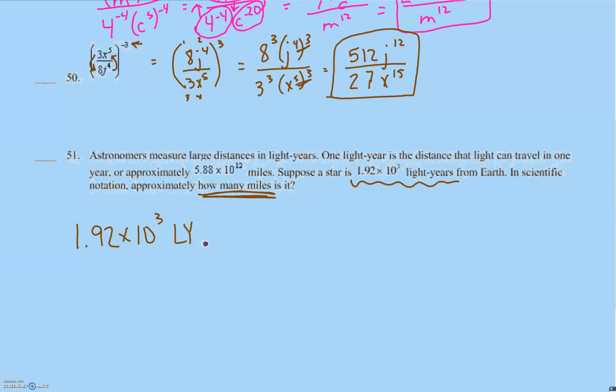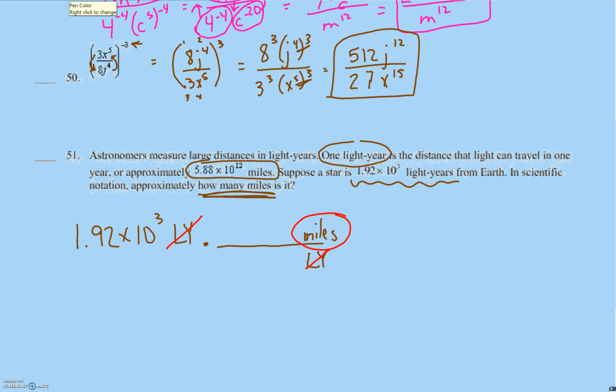And we're going to use a conversion factor. I'm going to multiply by, right now I have 1 light year is this many miles. So because I'm trying to get to miles, and I'm trying to convert from light years, I put miles on top because I want my light years to cancel, and I'm looking for miles, so miles has to be in my numerator.